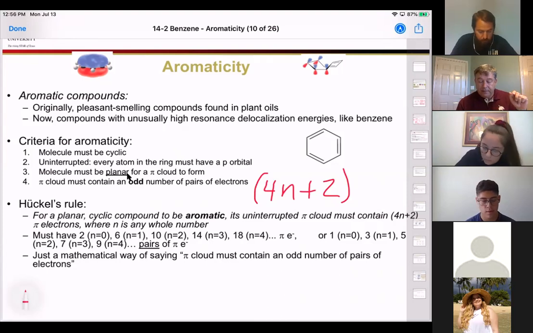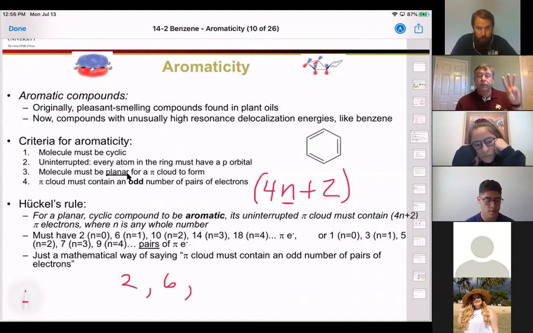So in the case of n equals 0, that gives us the number 2, okay? So that's 1 pair of electrons, right? 2 electrons is 1 pair of electrons, so that's 1. Then if we add the number 1 to this here, we're gonna get 6 electrons, which is 3 pairs of electrons. And if we added the number 2 here, that's 4 plus 2, that's 10 electrons.